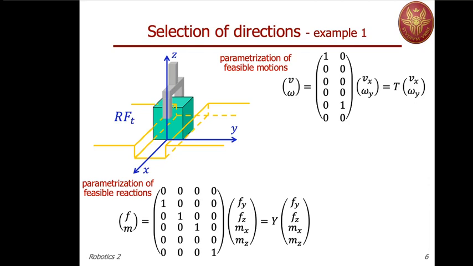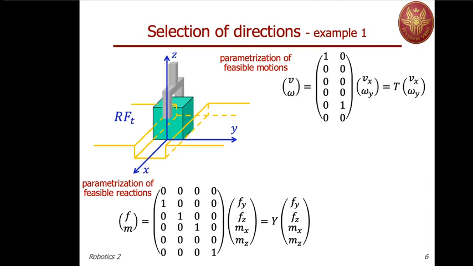So we will never have a force which has a component Fx as a feasible reaction force, because the first row of this matrix is equal to 0, so we don't parameterize this reaction force, which is in fact not being generated by the environment in the task frame.